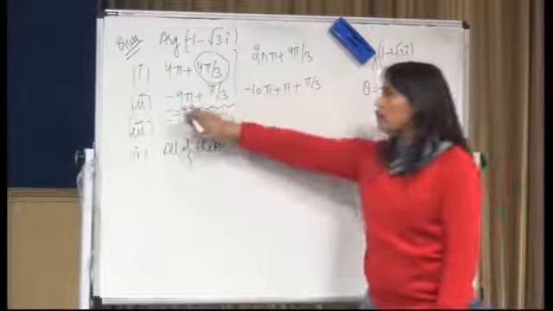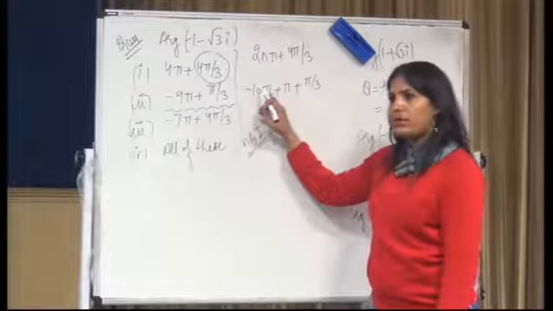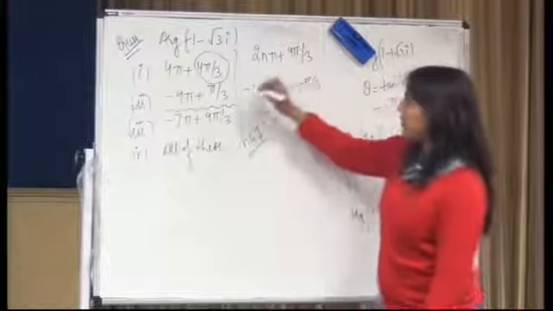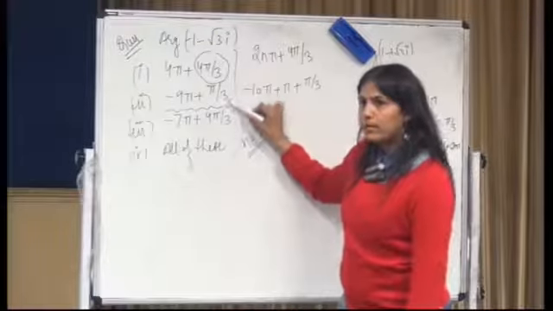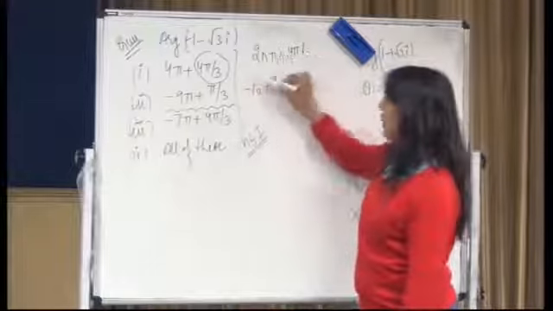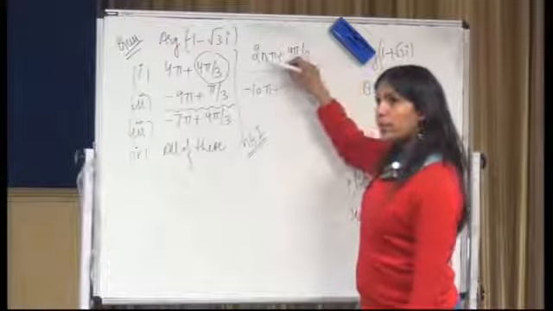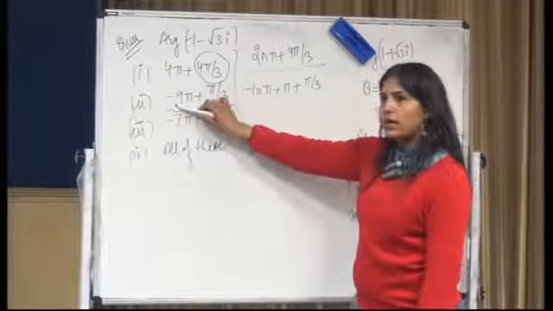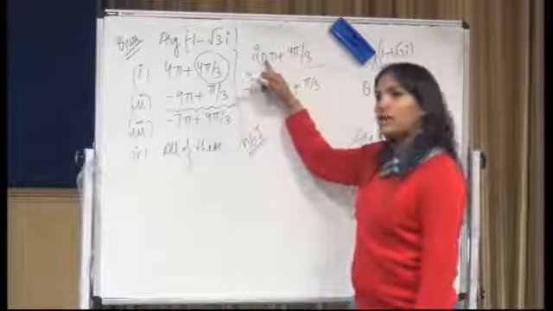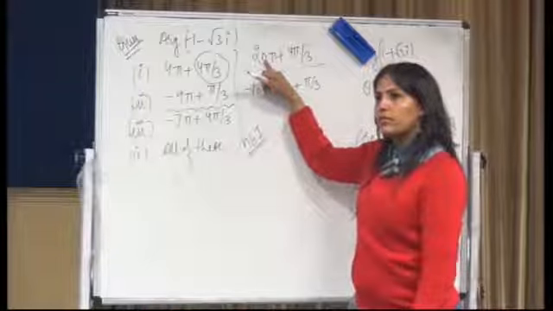So you can write it as minus 10 pi. Yes, I can repeat, because this is pi by 3, and we just want to check which options are correct. Fine, so 4 pi by 3, 2n pi. Here we can put an integer value, negative or positive.